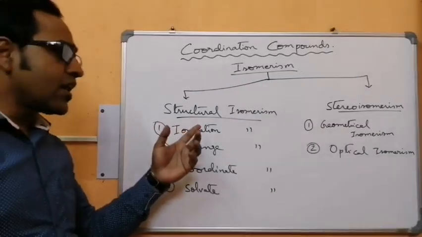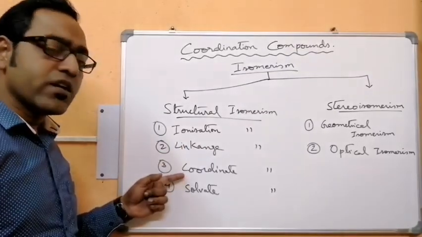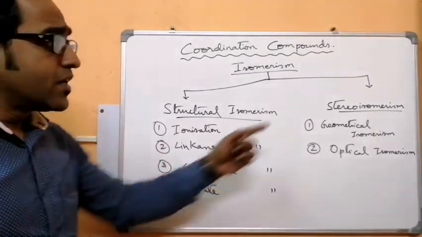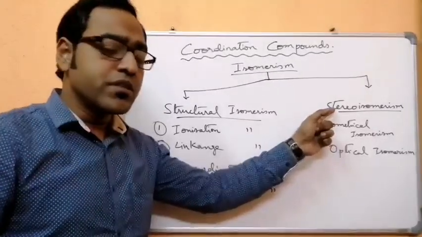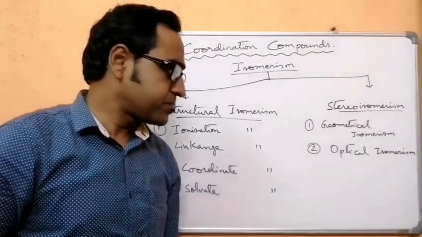So under structural isomerism we have four topics: ionization isomerism, linkage isomerism, coordinate isomerism, solvent isomerism. Under stereoisomerism we have geometrical isomerism and optical isomerism.